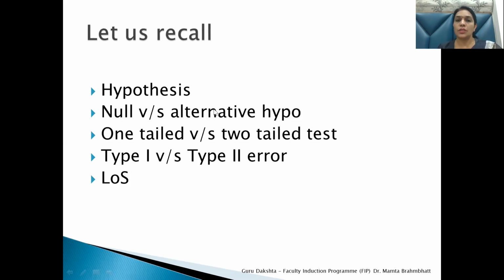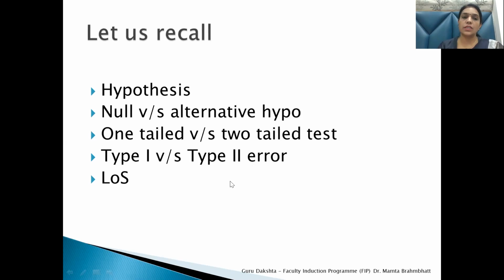Opposite to the null hypothesis is the alternative hypothesis. When your hypothesis is rejected from one side, it is called one-tail distribution. When your hypothesis is rejected from both sides, it is the two-tail distribution. Type 1 and type 2 error: whenever the researcher is doing the research, there is a probability that you may commit mistakes or errors, and you should try to minimize them.